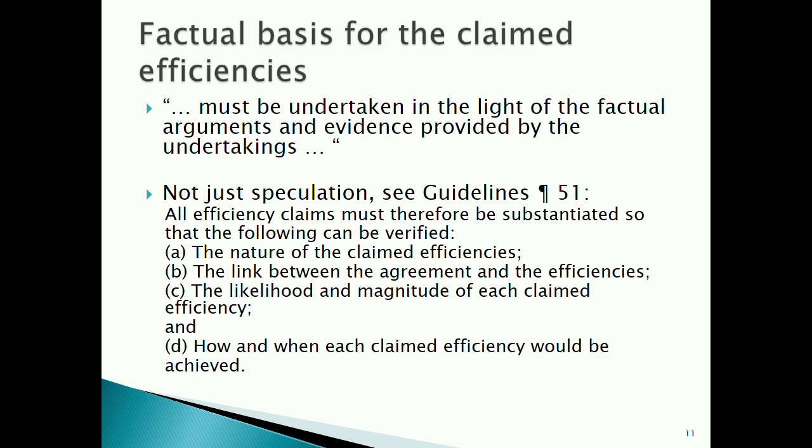In what way will the agreement produce the claimed efficiencies? How will an imposed multilateral interchange fee make for a wider use of the card? How does that? Okay, so that's the relevance of how.